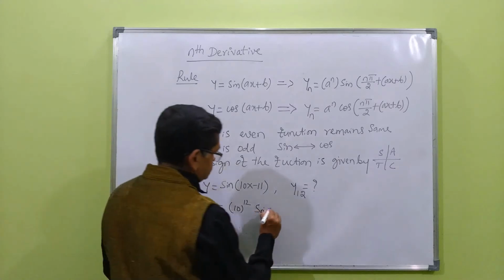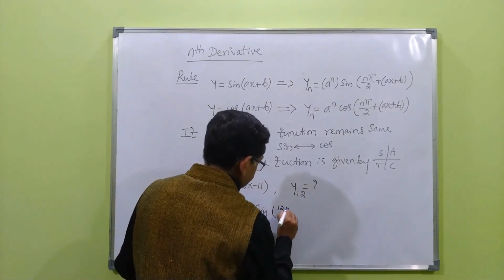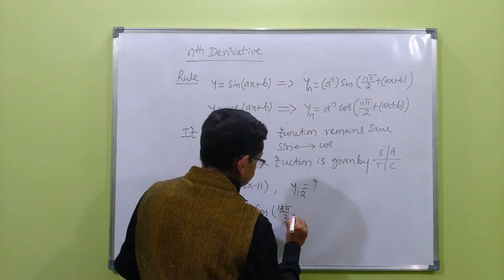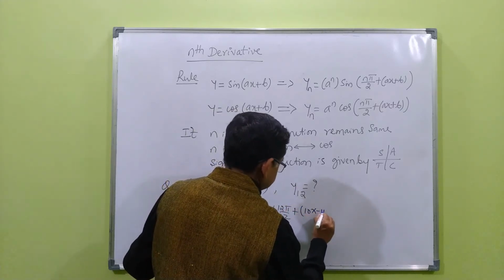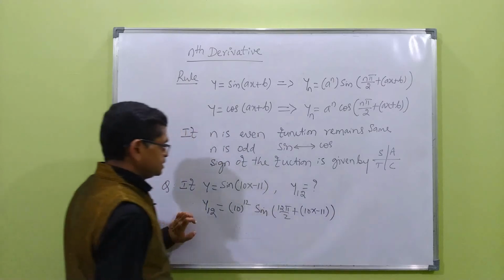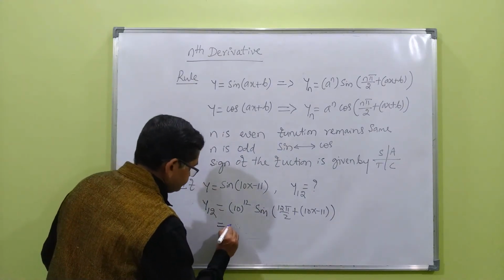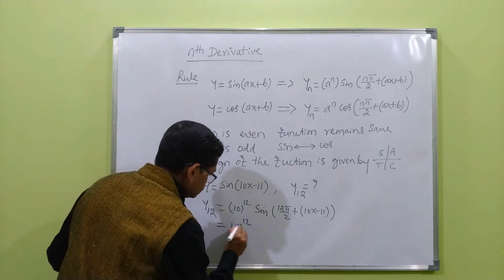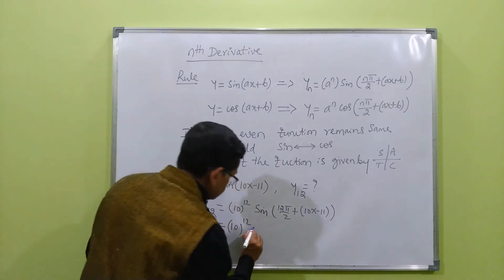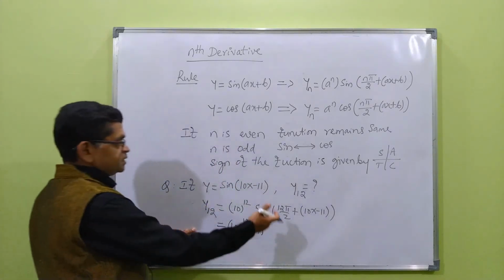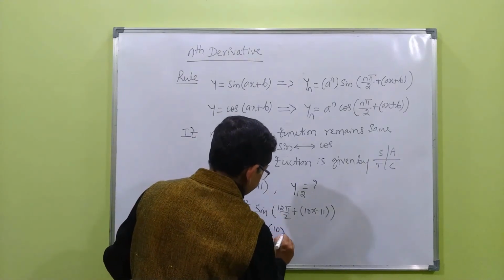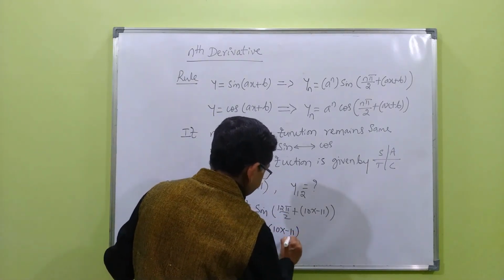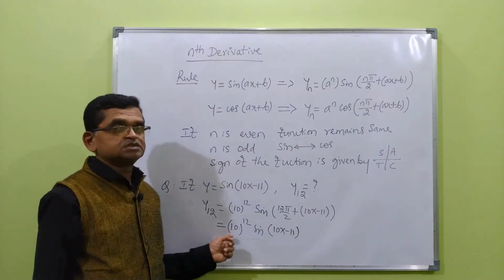Sine of 12π by 2 plus 10x minus 11. Answer is 10 to the power 12 sine of, since this remains same, so this is the answer.